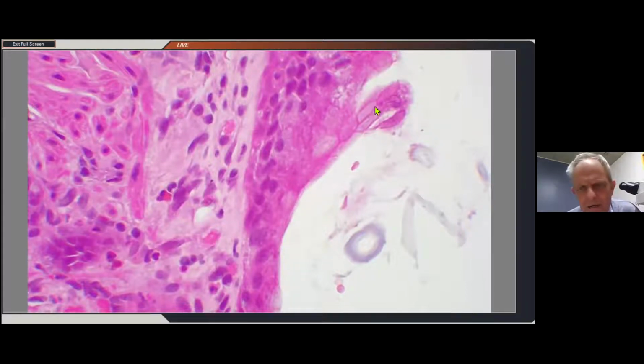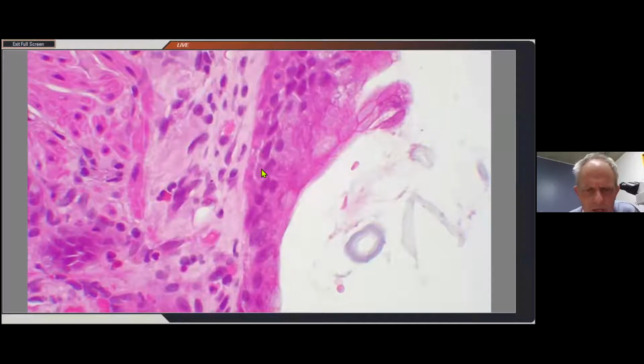Here, you can see, for example, on the surface, you've got these goblet cells. These are columnar cells. And then under here, you can see the remnants of the squamous epithelium from the squamous mucosa of the esophagus. And I'm very pleased because what you should be able to see is the prickles, these intercellular bridges.